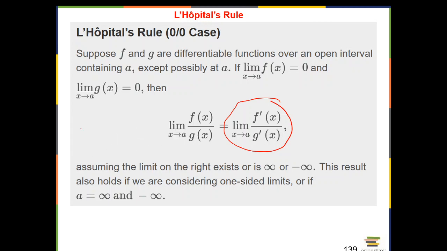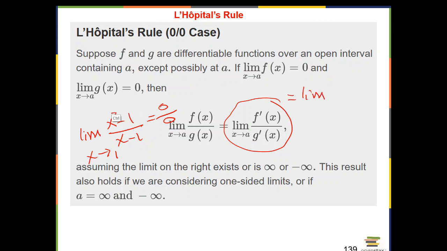Limits. For example, remember the limit of x squared minus 1 over x minus 1 when x approaches 1 is 0 over 0. And remember, before we had to factor something out. Now we don't have to; we use this theorem. So we say this limit is the same as the limit of the derivatives.